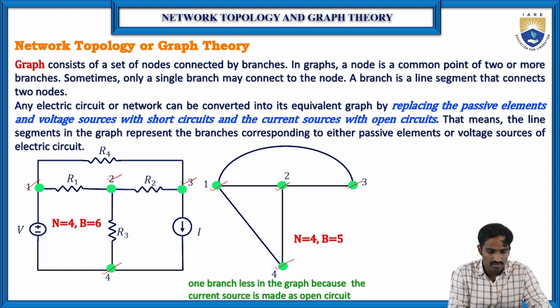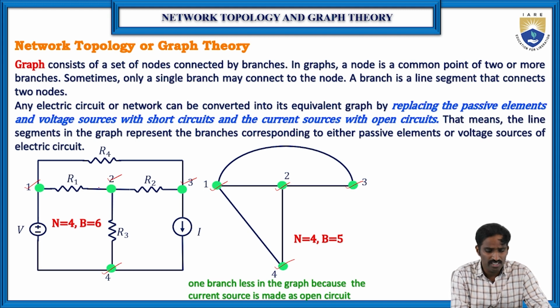Between nodes 1 and 2 there is a branch having a passive element, which is the resistor. According to the rule, how can we convert the network into the graph? We should replace all the passive elements as well as the voltage sources by the short circuit, and the current source is replaced with the open circuit.